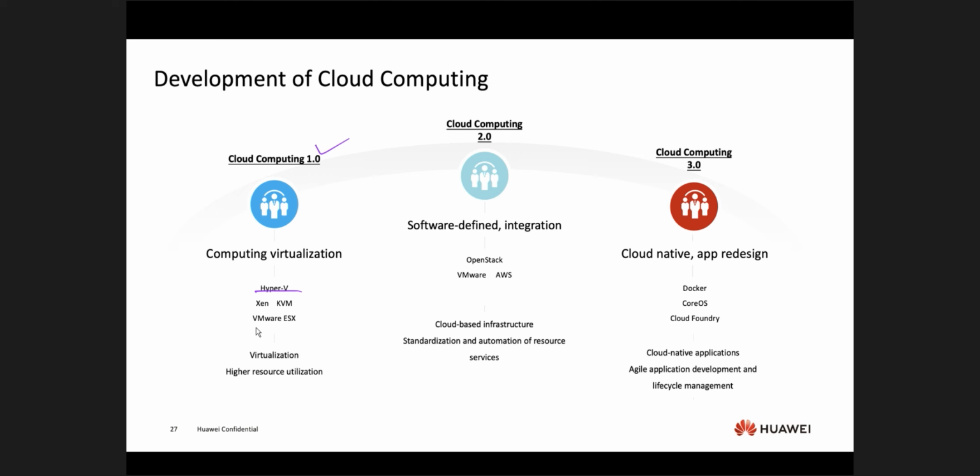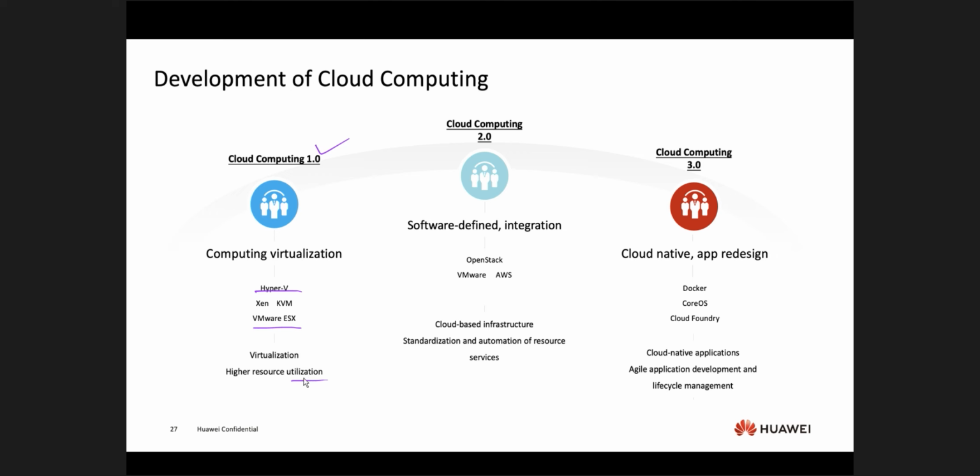And then you have VMware ESX, which is basically the server platform of VMware. That is basically Cloud 1.0, and that's basically high resource utilization, which means that they are power hungry, resource hungry, and you can't run anything on a laptop on that model. That is meant for pure computing.